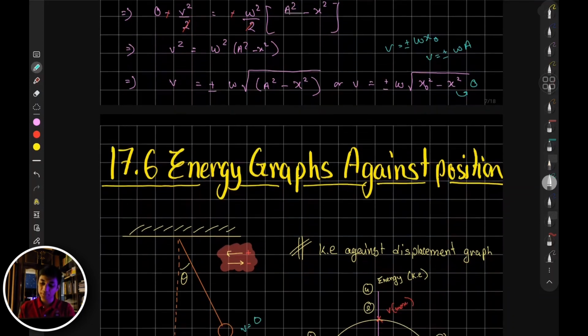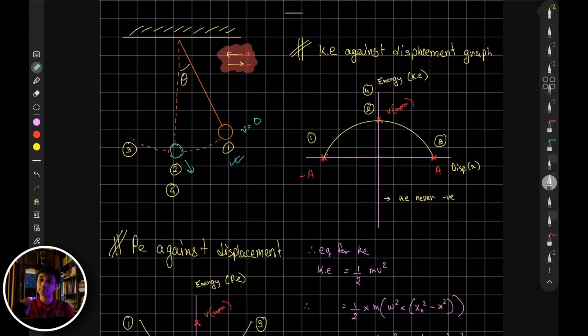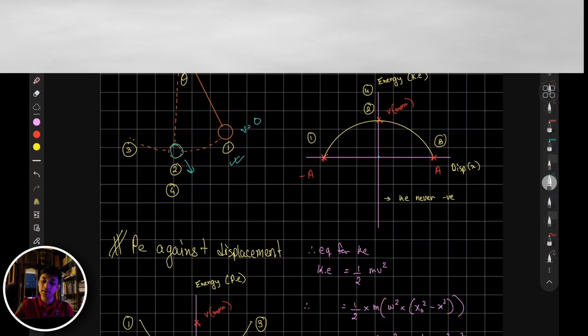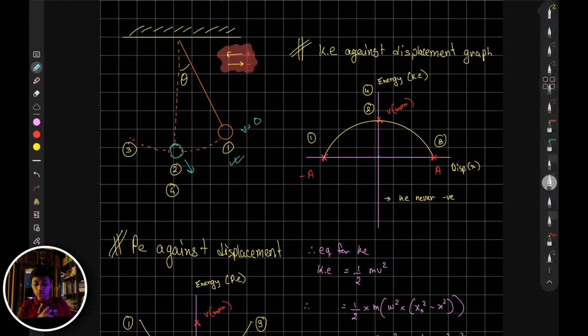Great. So at the middle position where displacement is 0, you're going to get the maximum velocity. And when the velocity is maximum, the kinetic energy will indeed be maximum. Okay, so we know the kinetic energy is maximum, so we plot a point highest on the y-axis.